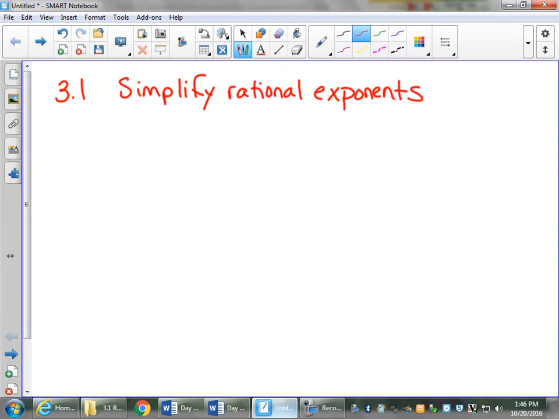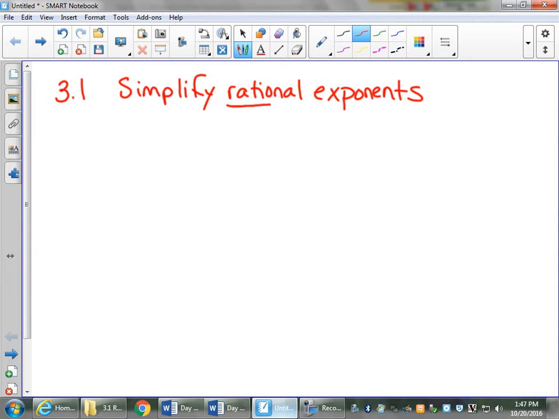All right, so that is our objective, that is our goal. If you think about the word rational, the word rational has the word ratio in it, and ratio is referring to fraction, comparison of two numbers. So the expressions that we're going to be working with for the rest of the week are going to have fractions in their exponents.